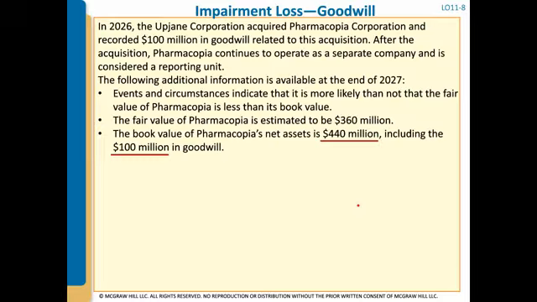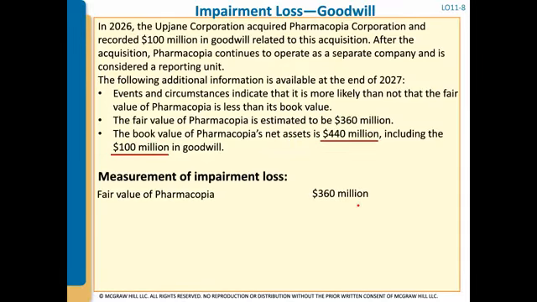I just want to highlight this one bullet point: when you're comparing your book value versus your fair value to calculate an impairment loss, the book value of the net assets must include the goodwill in that number. So let's calculate the impairment loss.